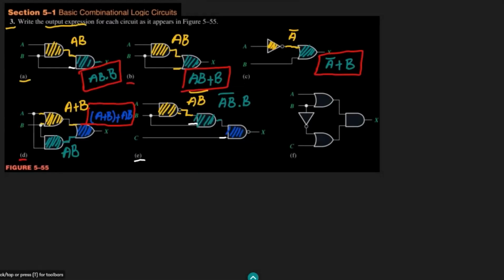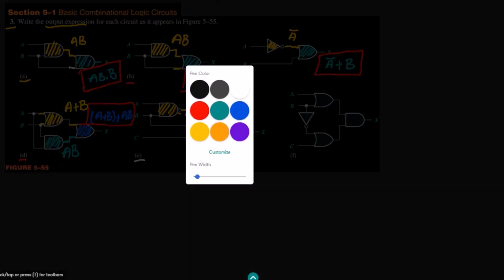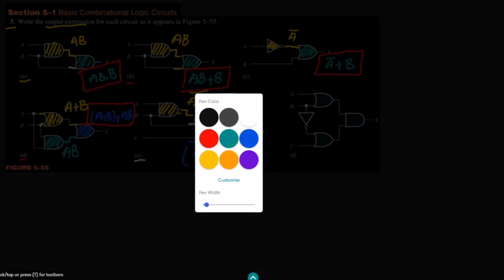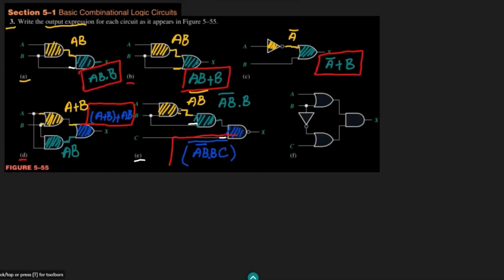We can see that this is another NAND gate, and when these are applied here, the output of it would be AB whole complement dot B, and the multiplied term with it is C, and at the end all of these are complemented together, and that is the solution of part E here.